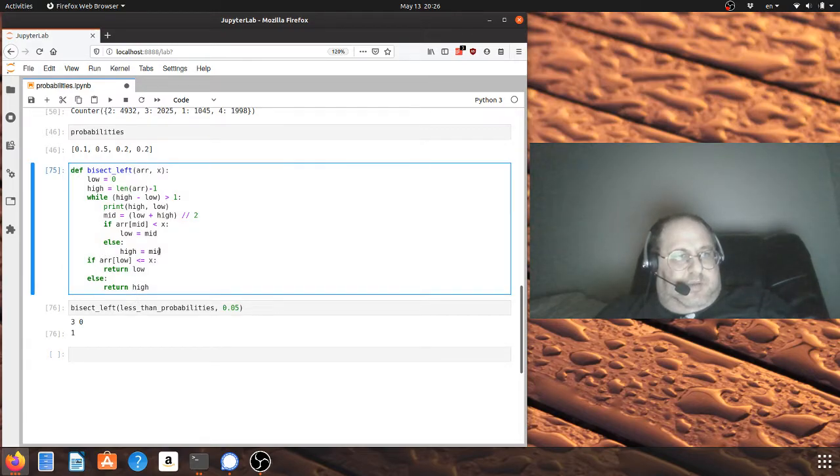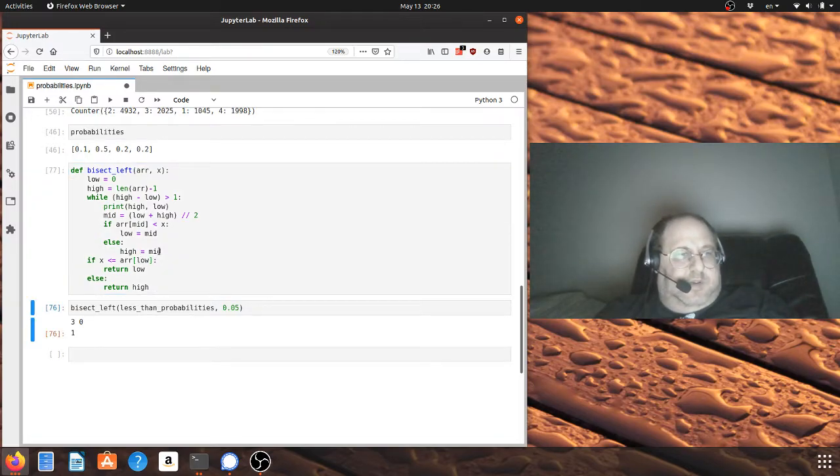Maybe it's the other way around. Yeah, it's the other way around. If x is already lower, with low return low, otherwise return high.